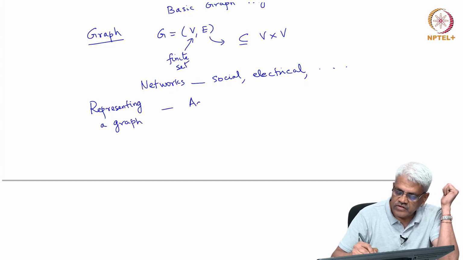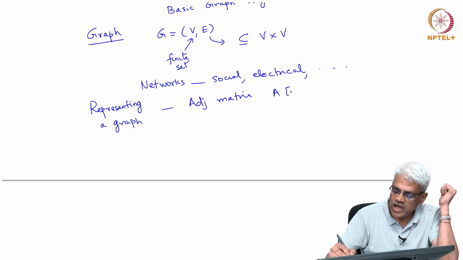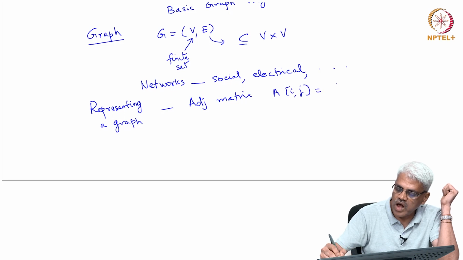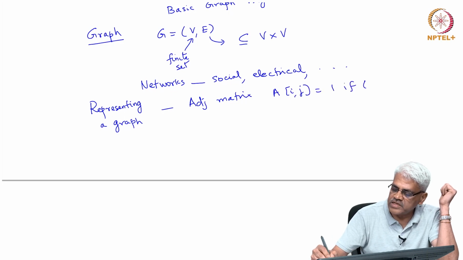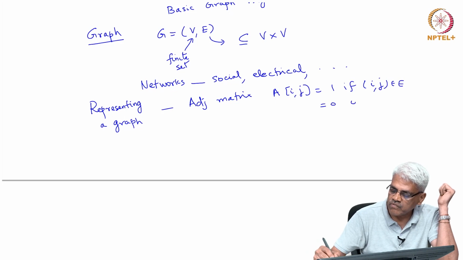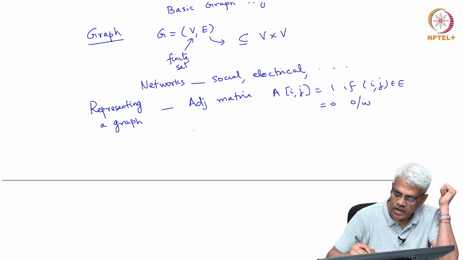Two popular ways of representing a graph: adjacency matrix. So basically we will store Aij equal to 1 if the pair ij is in the edge set and 0 otherwise. And another is called adjacency list.